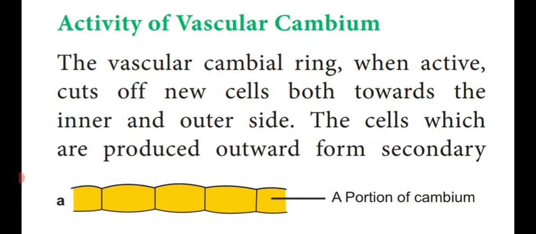This vascular cambial ring is very active and cuts off, producing new cells both towards the outer side and the inner side. So these cells which are produced outward form secondary phloem and inward secondary xylem. That means on the outer side they are producing the secondary phloem and on the inner side they are producing the secondary xylem.